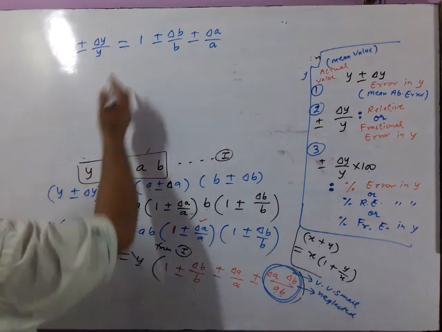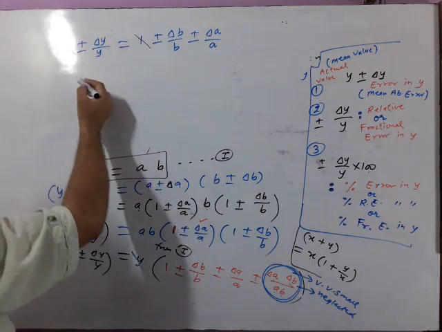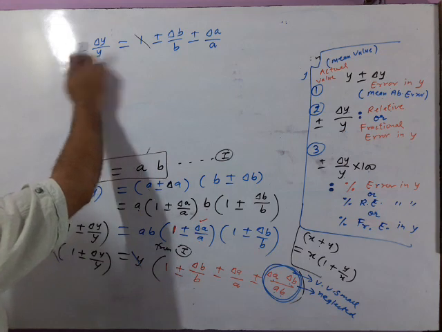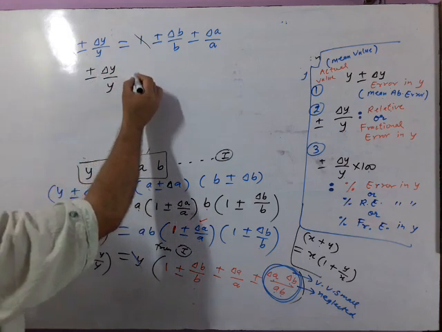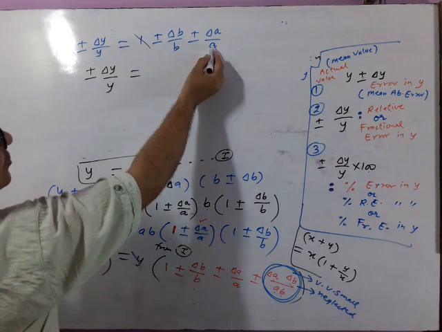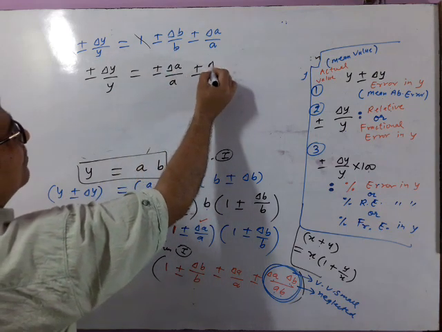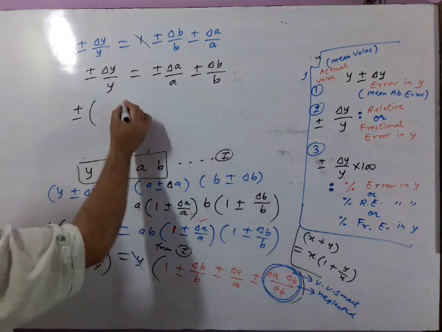Then on both sides 1 is cancelled. Meaning 1 minus 1, take it on the left hand side, so 1 minus 1 becomes 0. So plus minus delta y by y is plus minus delta a by a plus minus delta b by b. Take plus minus outside.